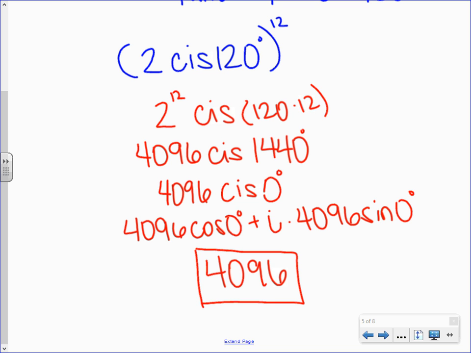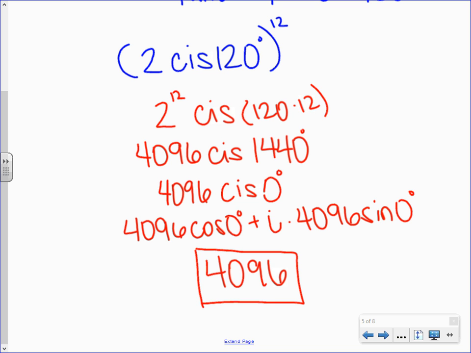We would say that negative 1 plus radical 3i is actually a 12th root of 4,096.